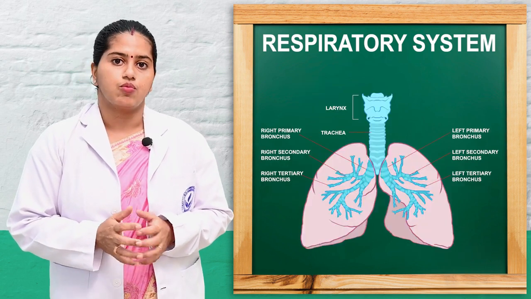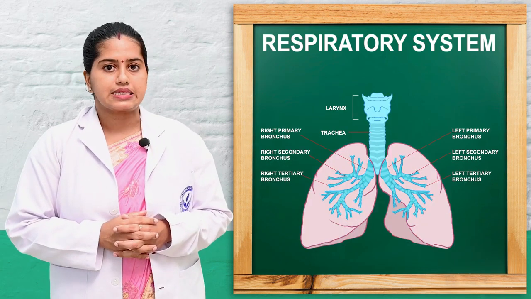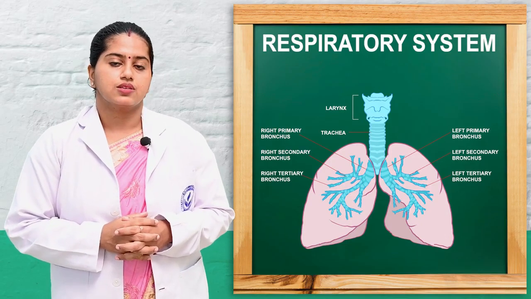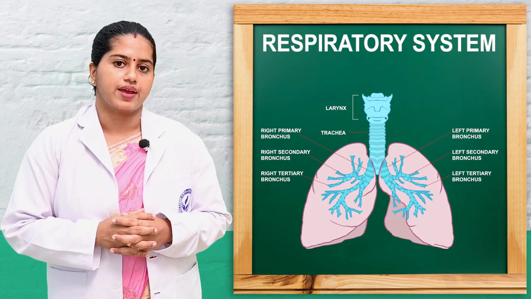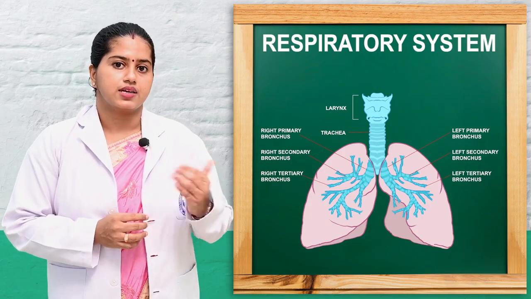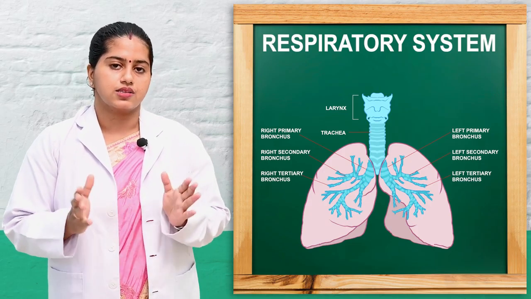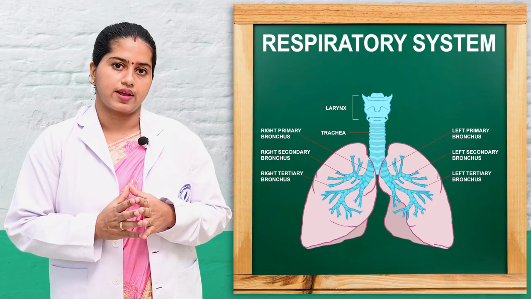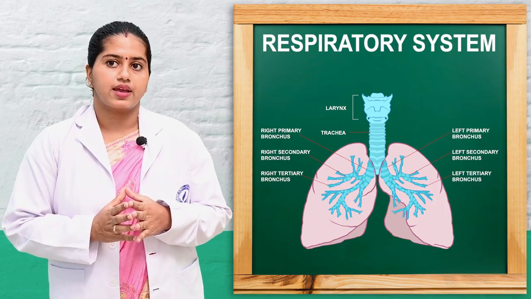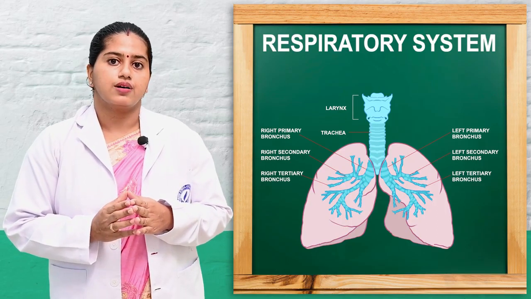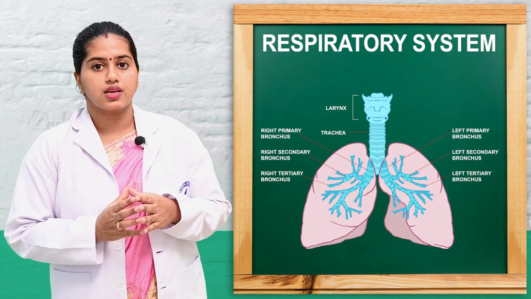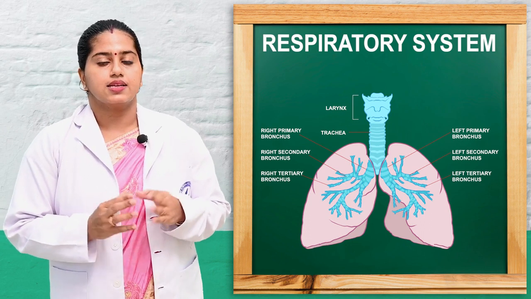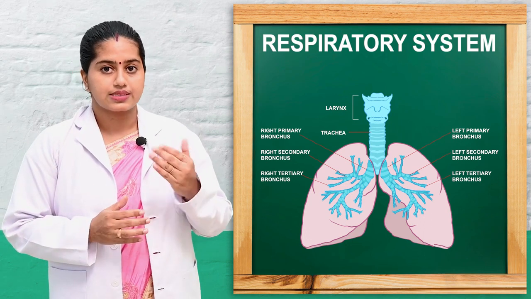Next we will discuss the bronchi. Bronchus is the conducting branched system of the respiratory tract. There are so many branches in the bronchi. The bronchi start from the trachea, and consist of the primary bronchus, left bronchus and right bronchus. The right bronchus is wider, shorter and more vertical, and it is divided into secondary bronchi.